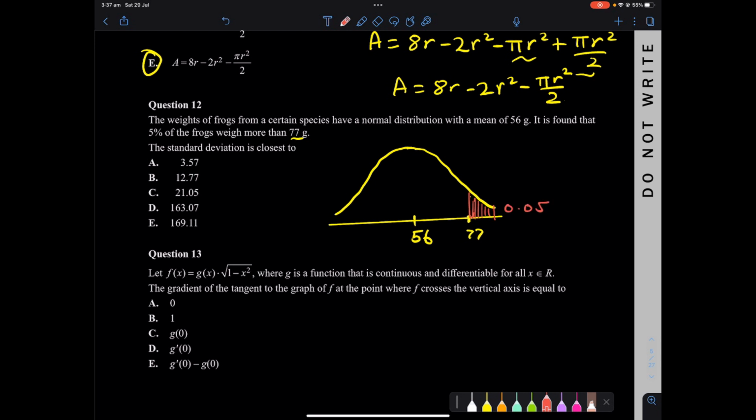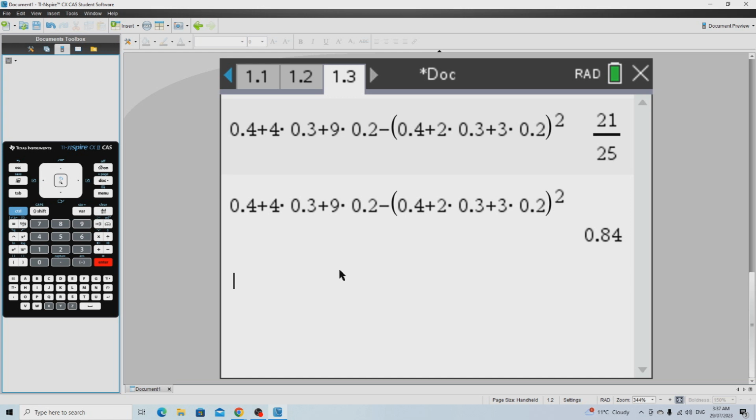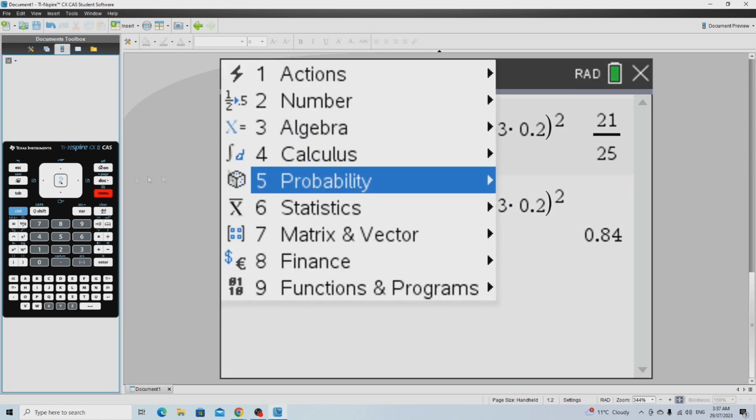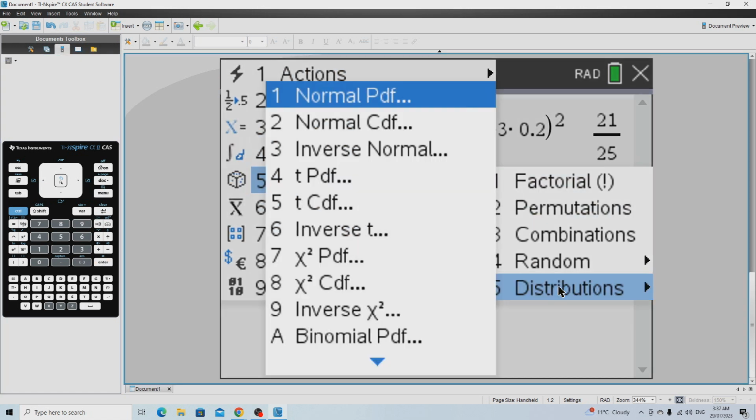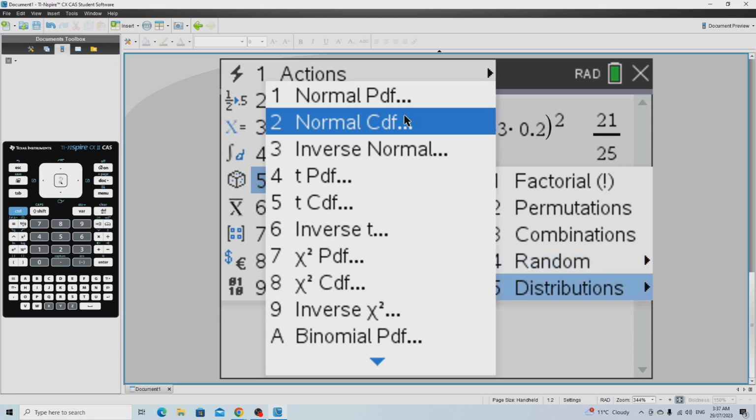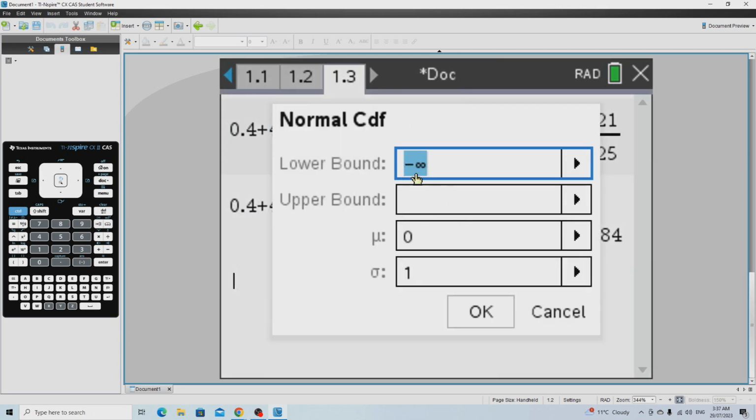To find the standard deviation, I'll just substitute values one by one. So let's go on my calculator. I'll go menu, probability, distributions, normal CDF, and say okay, your lower bound is 77.